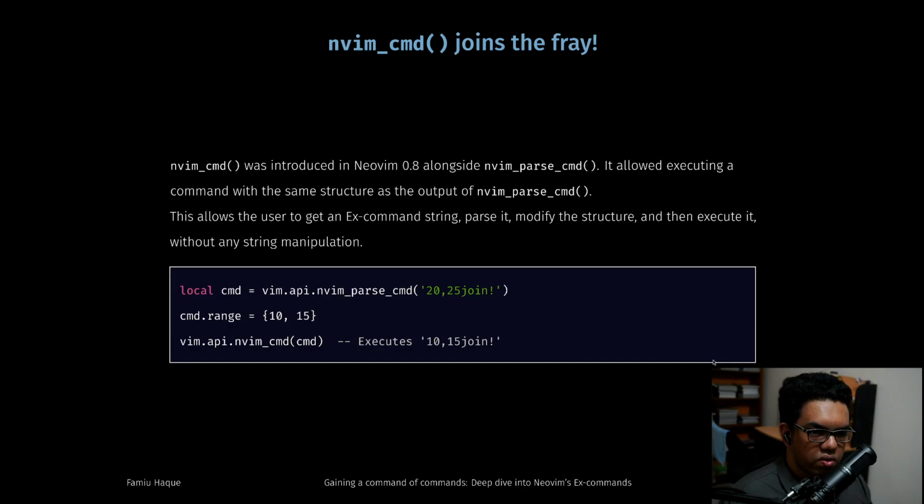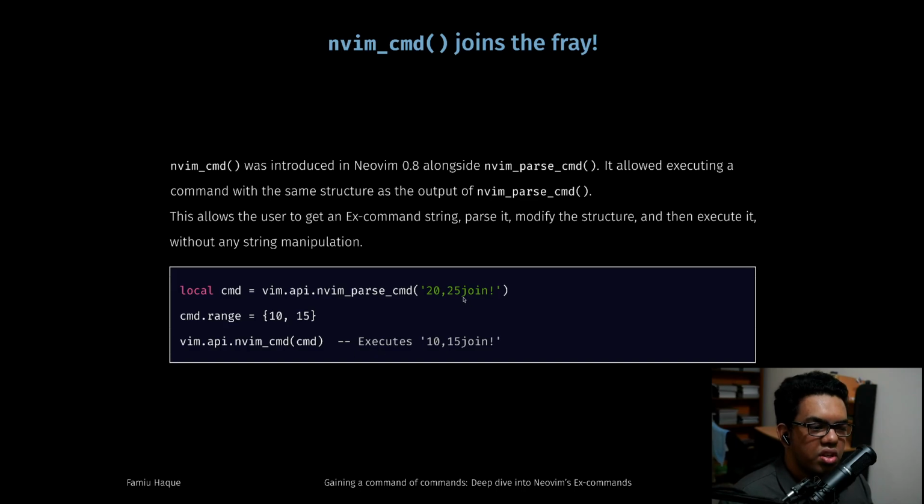So let's say you take the output of nvim_parse_cmd, in the code block below. local cmd equals this, basically gets the command, and then this modifies the command range, and then the last line, very important, executes the new command with the new range.